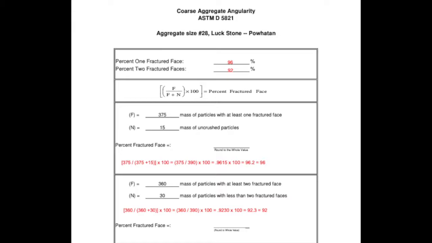So 360, you would divide that by F plus N, which is 360 divided into 390, which yields you a 0.9230 times 100. Round that to the nearest whole number, which is a 92.